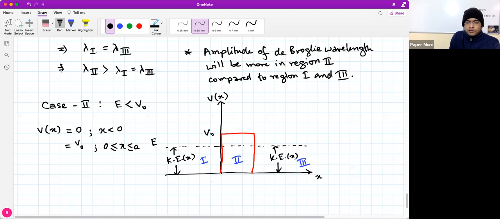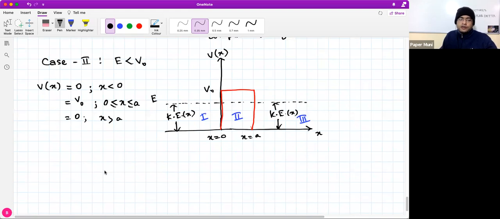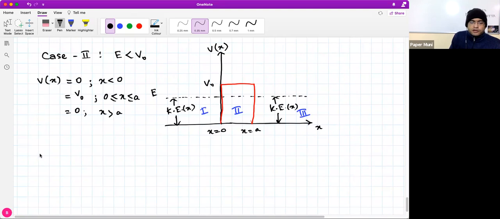So this is x equal to 0 and x equal to a, the same potential which we had discussed earlier, just to remind you of what it looks like. Now this part is x greater than a. Now we'll do the same analysis here. Let's write down these parts. So region 1.